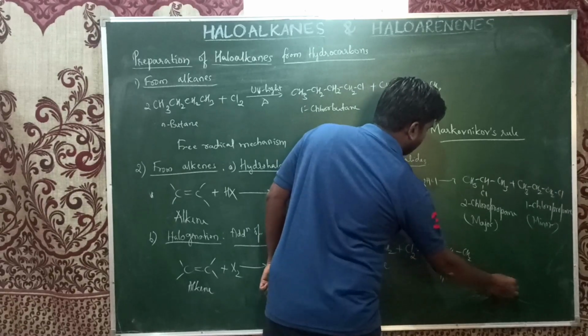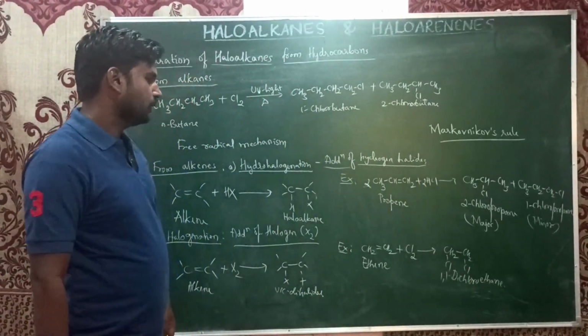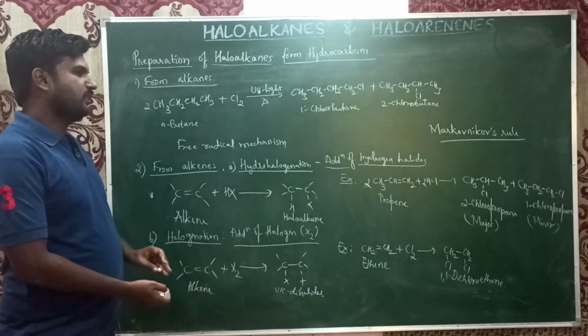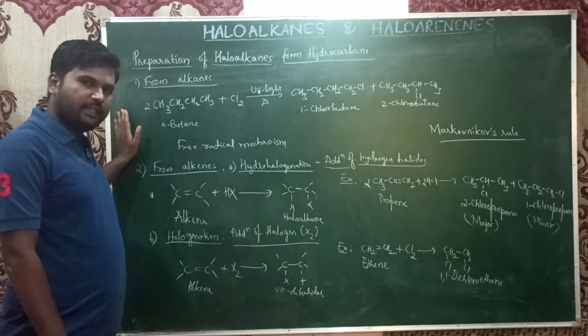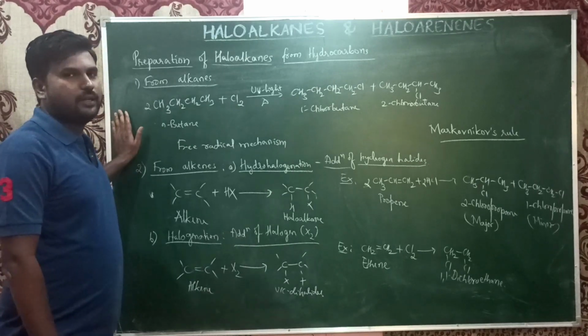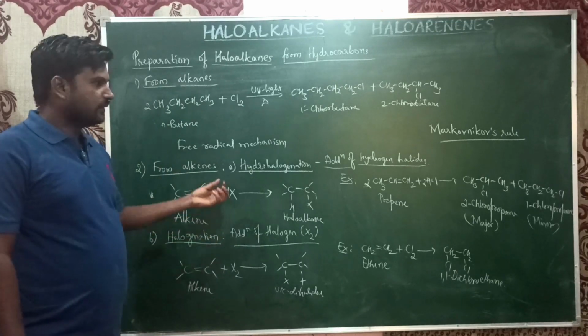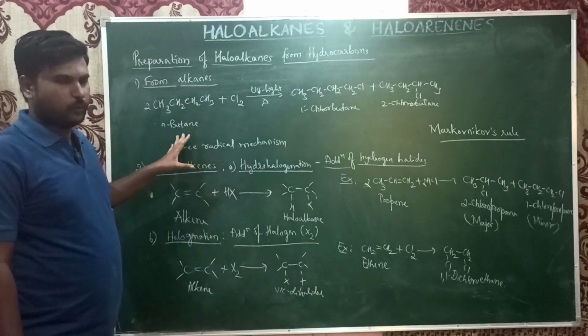It is one of the vicinal dihalides. So this is about the preparation of haloalkanes from hydrocarbons. These are not much important in the second year, but they were very important in the first year, both from alkanes and alkenes. That is why we are discussing them very briefly in this topic.